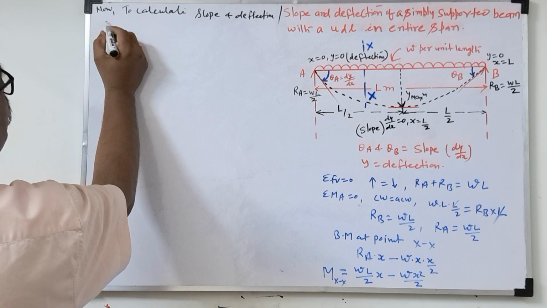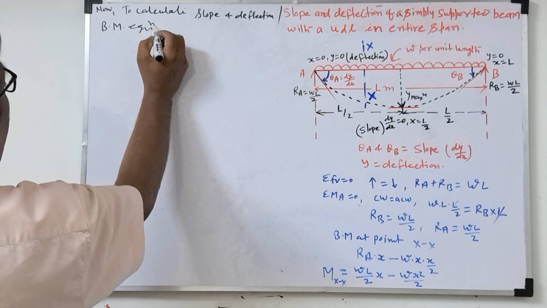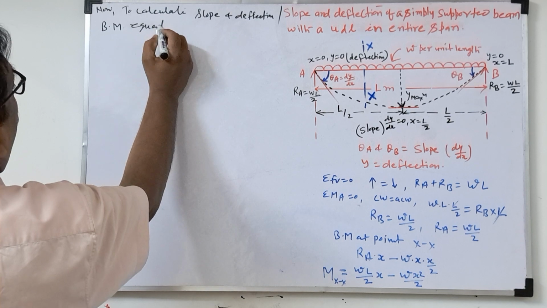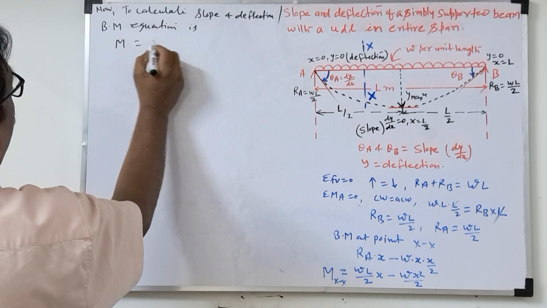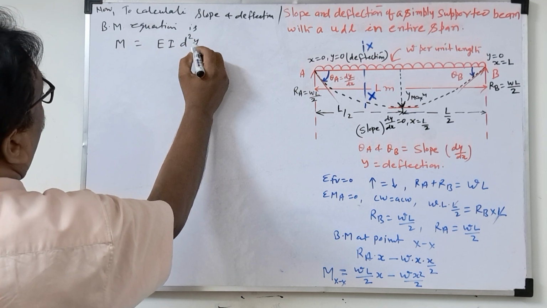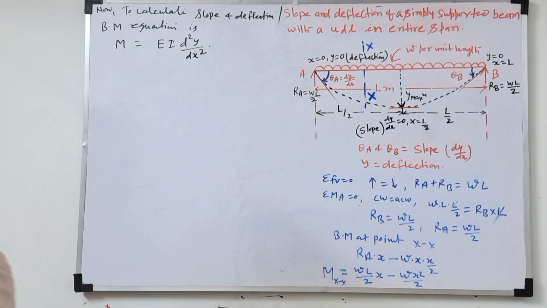So we need the bending moment equation, which is M is equal to EI d square y by dx square. This is the bending moment equation.